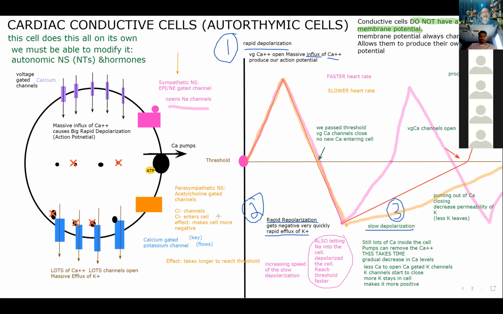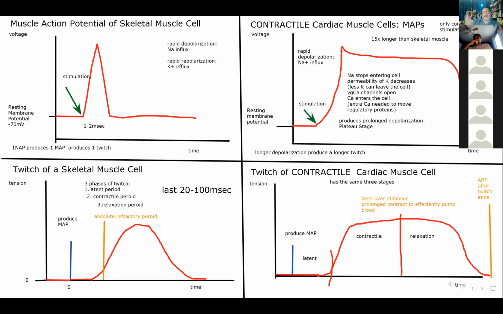So describe the action potential of the contractile cell, describe the action potential of the conductive cell, and compare the two action potentials. And this slide here could probably be an essay question as well: compare the contractile cardiac muscle cells' action potentials and twitches to the action potentials and twitches of skeletal muscle.